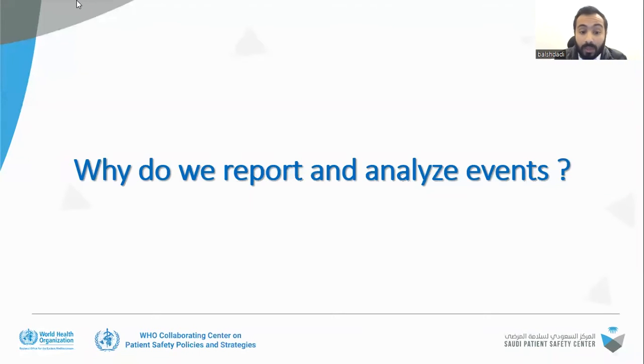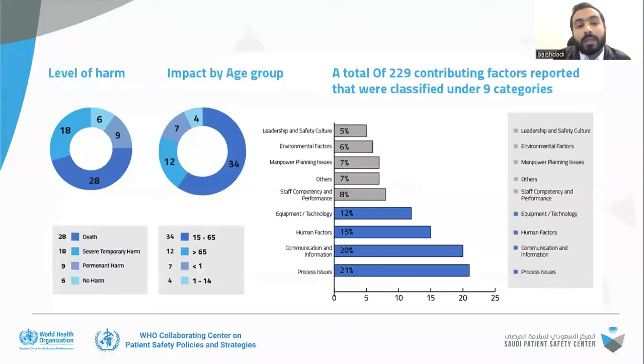So how do we know that we need to fix problems? How do we know that we have safety gaps? By reporting. The first step is reporting, and the second step is to analyze these safety events correctly and with a scientific methodology, and after that to build a corrective action plan.